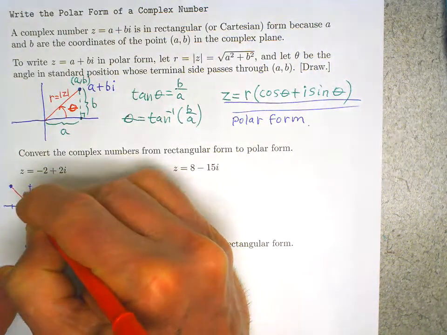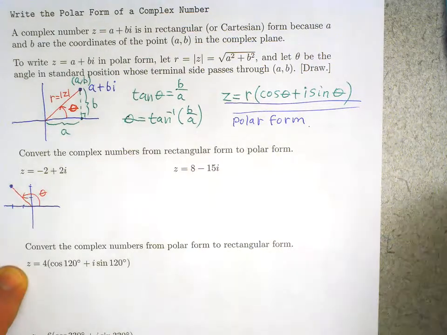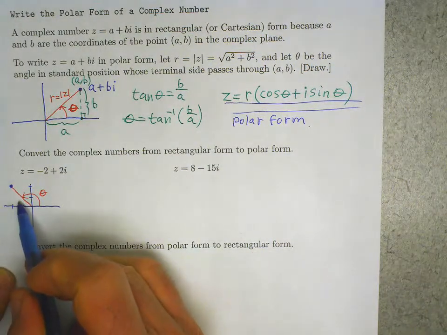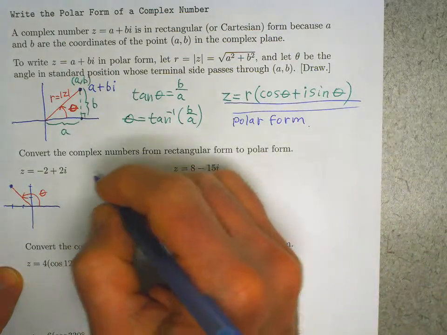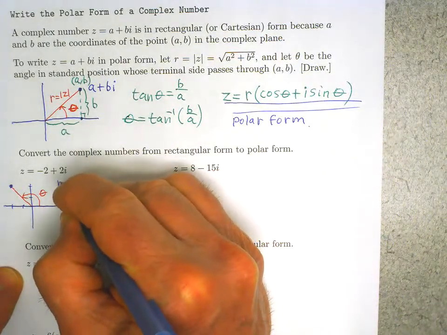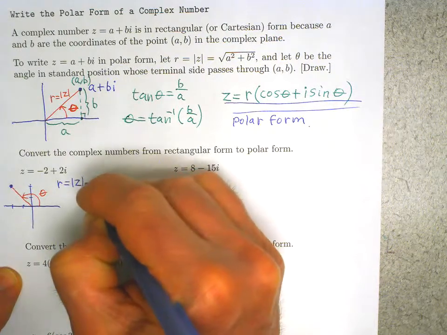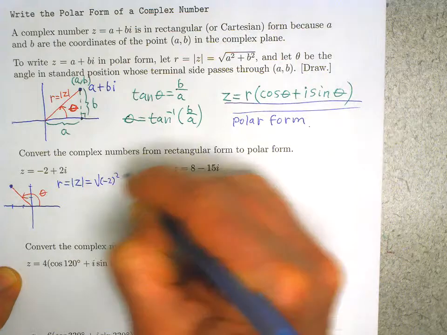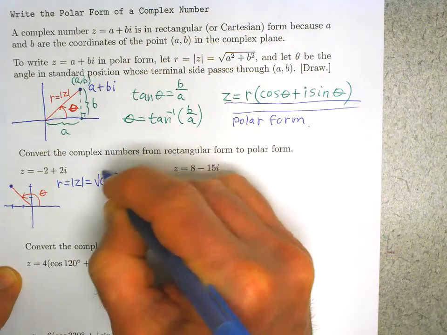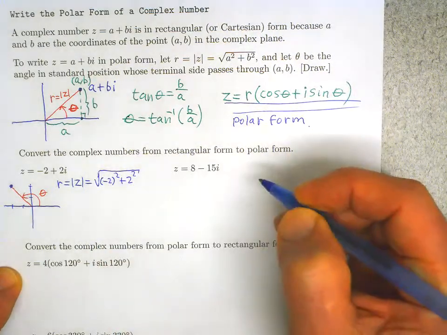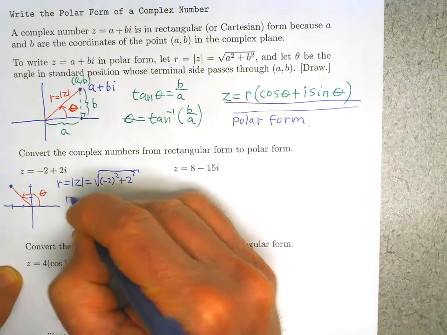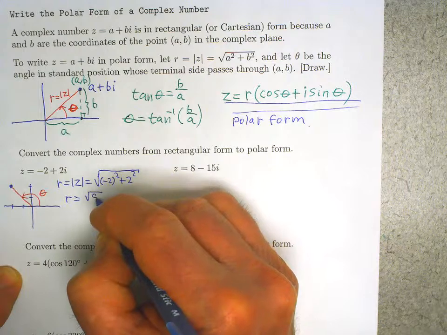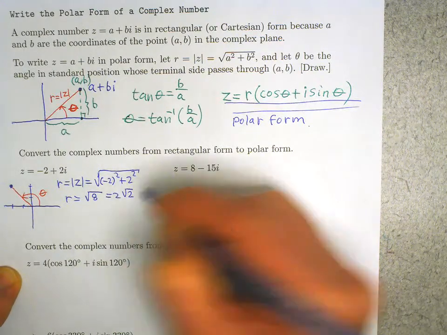So we want to know what this angle is, and we also want to know what the modulus is. So r is just the modulus of z, which is the square root of the number -2 squared plus 2 squared. So we get this r is the square root of 8, which is 2 times the square root of 2.